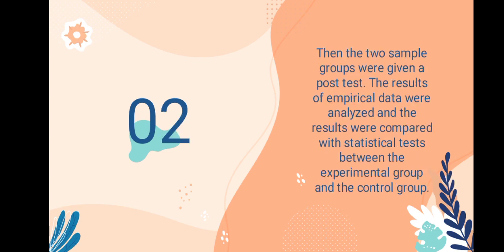Second, the two sample groups are then given a post-test, the empirical data are analyzed, and the results are compared with statistical tests between the experimental group and the control group.